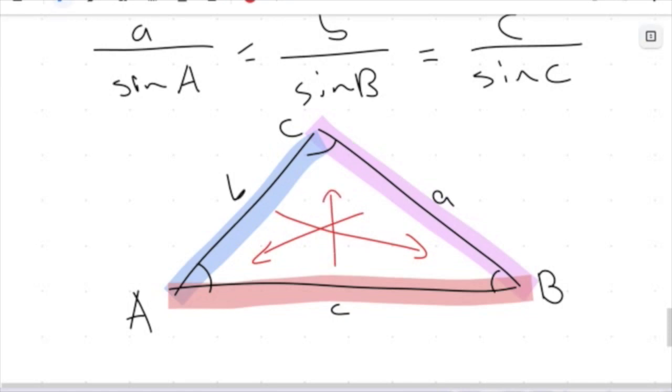We're going to get a lot more practice with this with these particular questions, but that's essentially what the sine rule tells us.